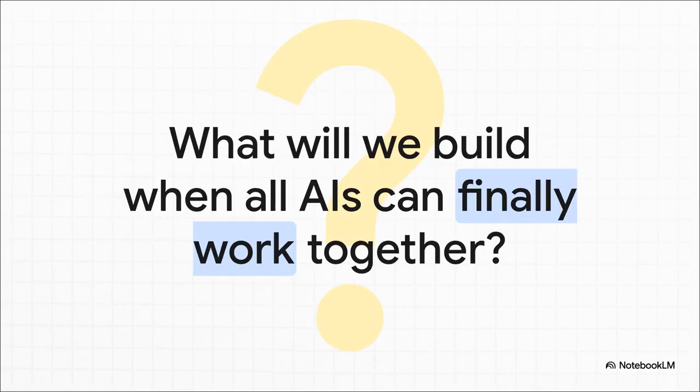And that's really the question MCP leaves us with. When connecting things is no longer the hard part, when any AI can tap into any tool, what new superpowers are we going to unlock? What incredible things are we all going to build when every AI can finally and truly work together?